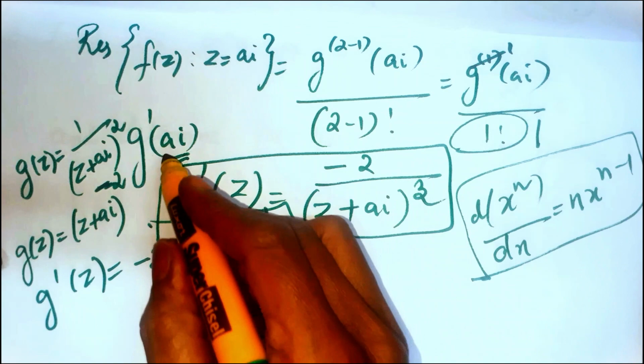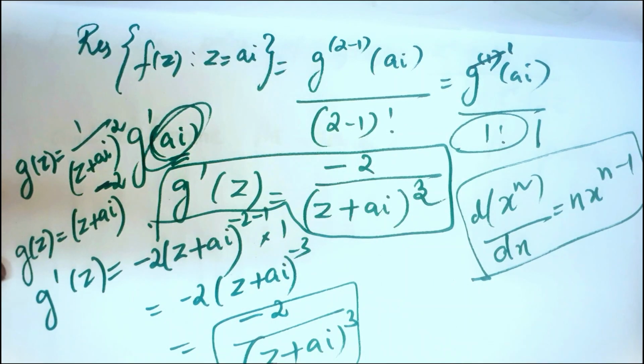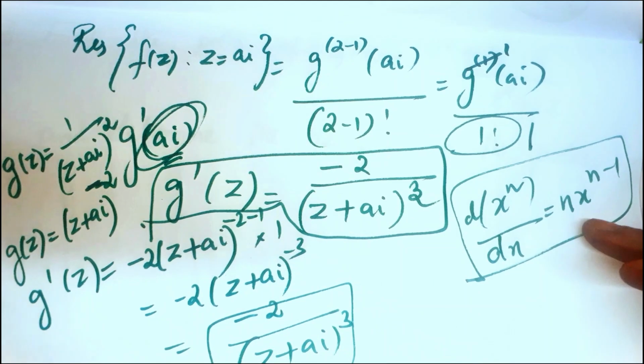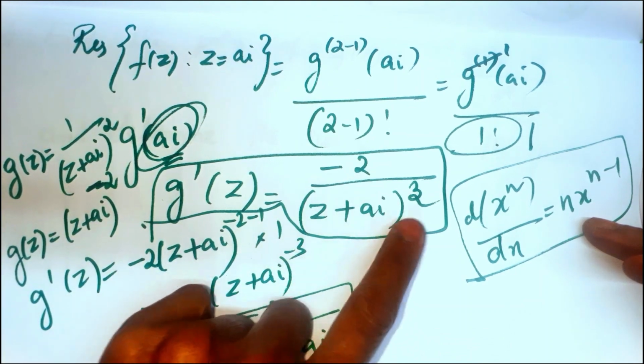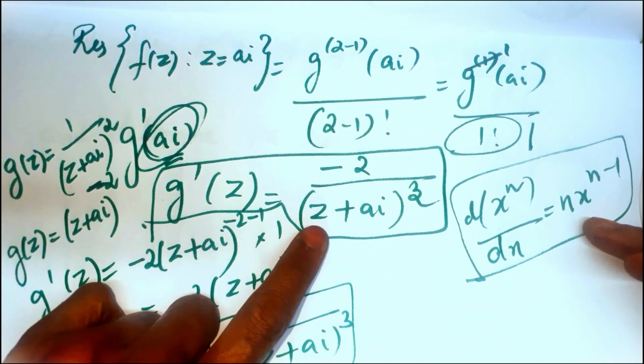In this, I have to take z is equal to ai. So g dash of z we got as minus 2 by (z plus ai) power 3. In this place we have to take ai.